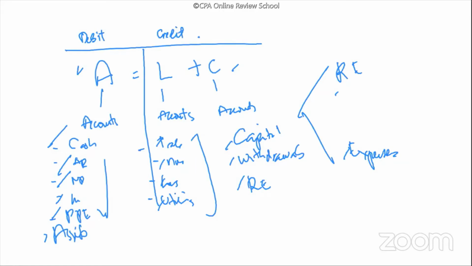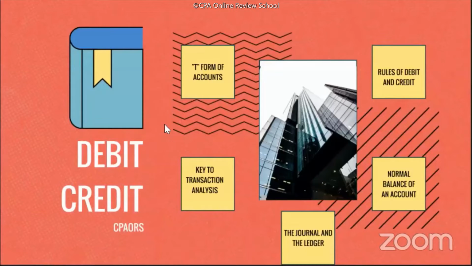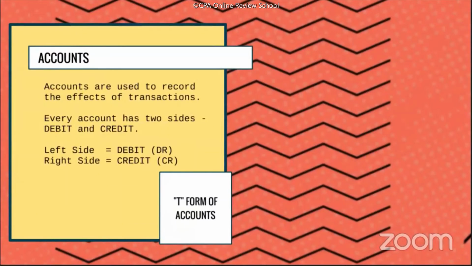The rule in debit and credit is to always know the T form of accounts. These are accounts used to record the effects of transactions. Each component of the accounting equation has accounts: cash, AR, notes receivable, notes payable, accounts payable, capital.